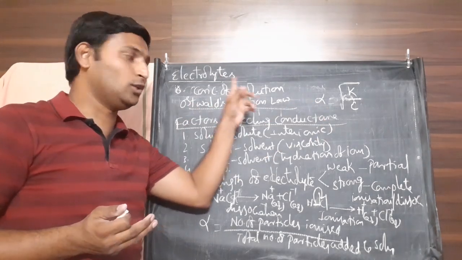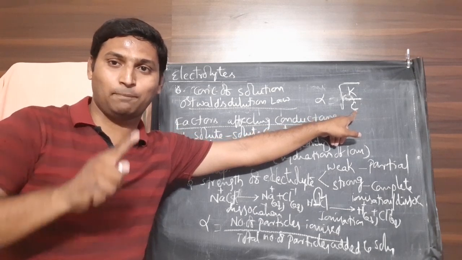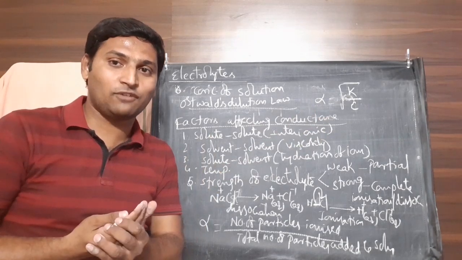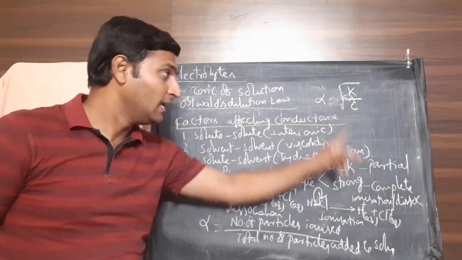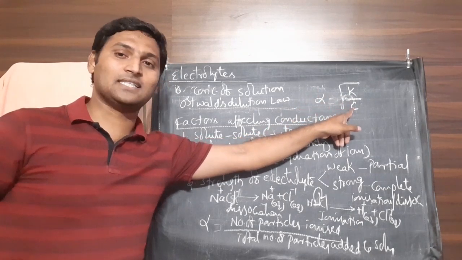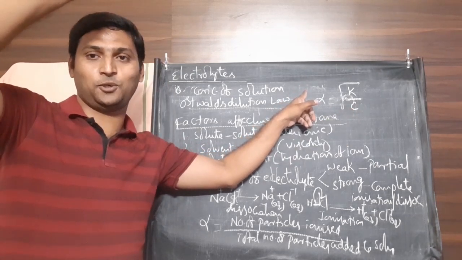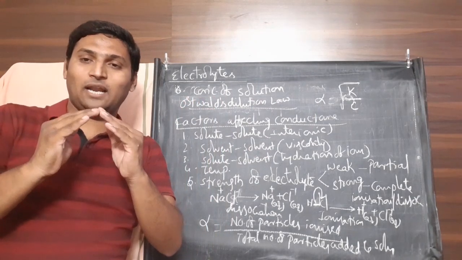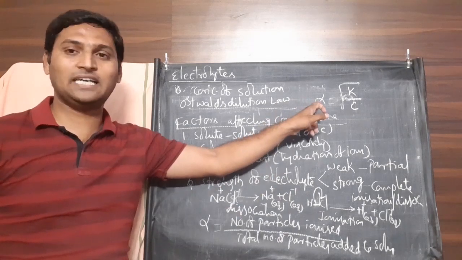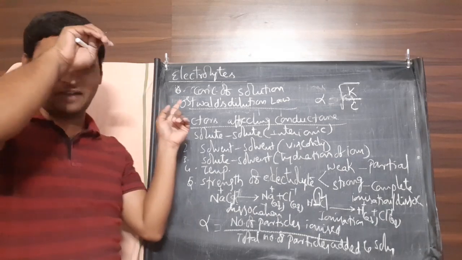And Ostwald's dilution law states that as the concentration of a weak electrolyte solution approaches 0, alpha approaches 1. What is the maximum value of alpha possible? 1, right? Means as the concentration reaches its lowest value, alpha reaches its highest value. So weak electrolytes, as you keep diluting them, as you keep reducing the concentration, their degree of ionization increases, so they start conducting better. That is the sixth factor.